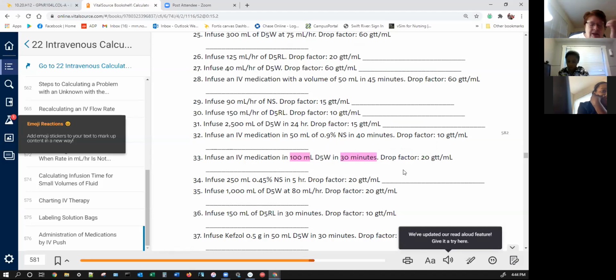What is going to be our unit, milliliters per hour for this? I got 67.